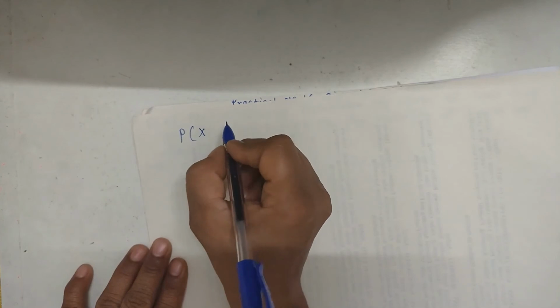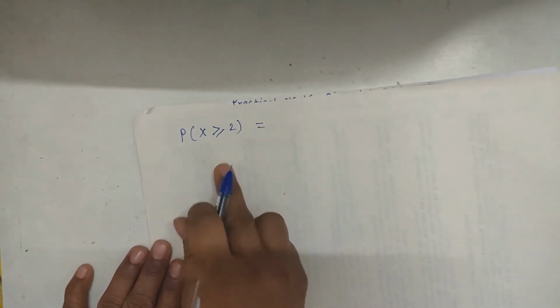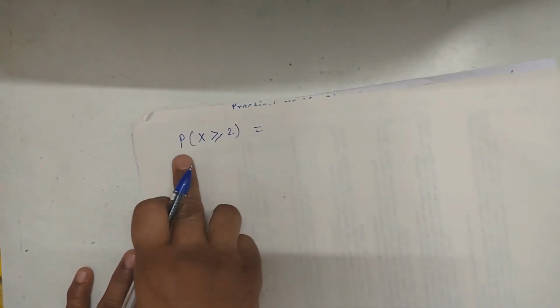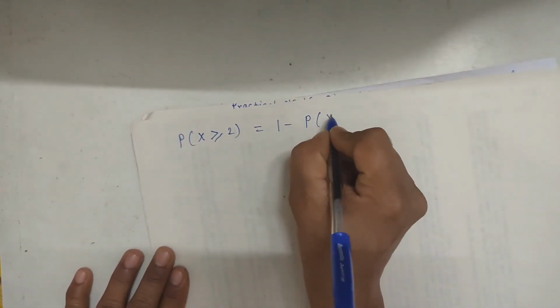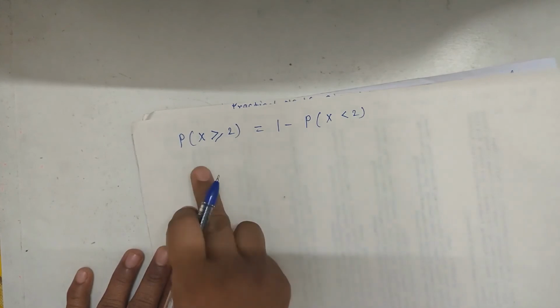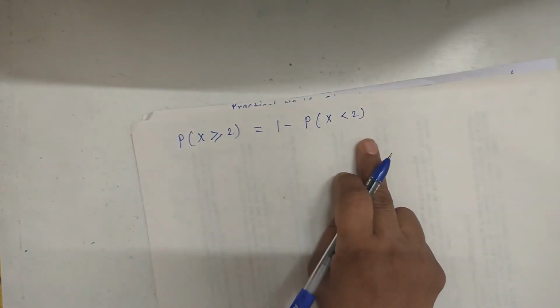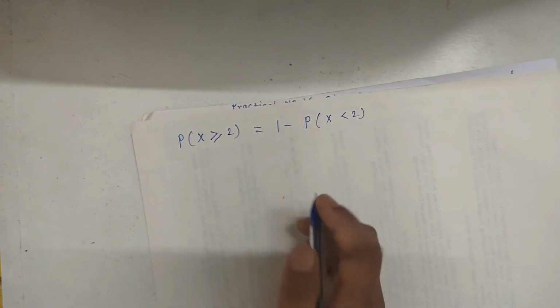So the probability of x greater than or equal to 2. Here the minimum value is 2. This probability can be written as 1 minus the probability of x less than 2, since the complement of x greater than or equal to 2 is x less than 2.